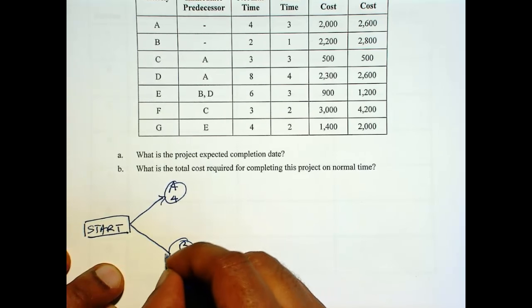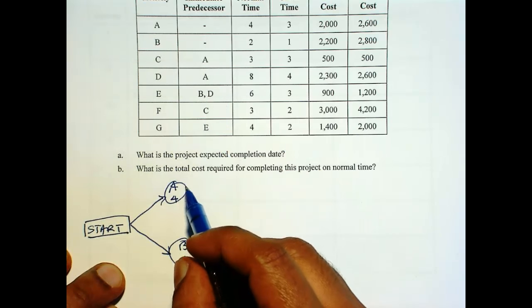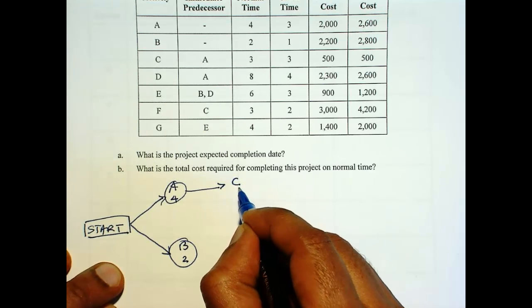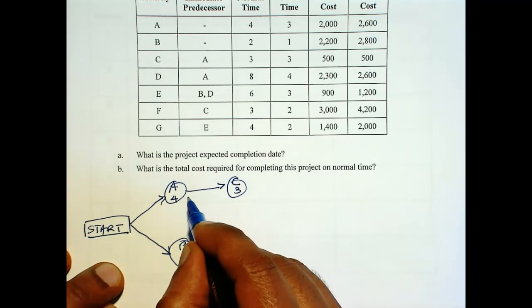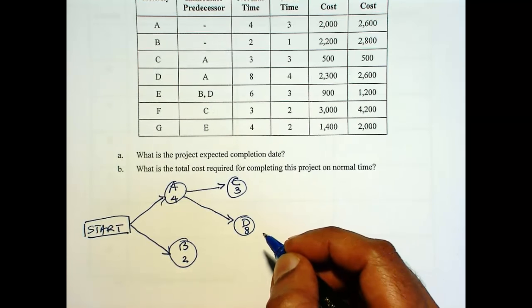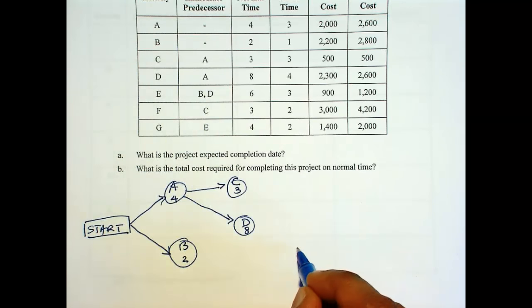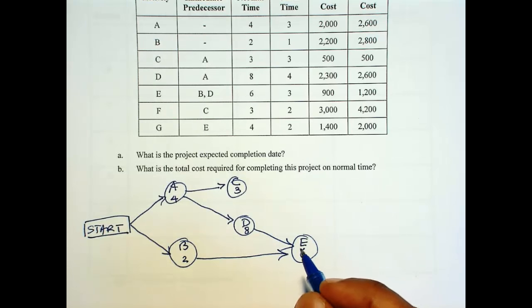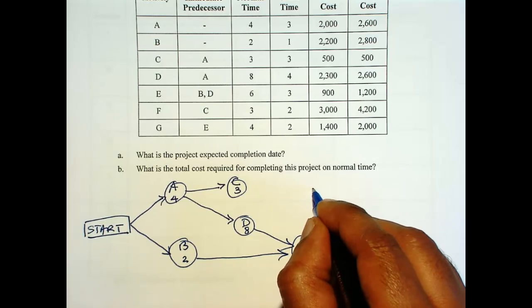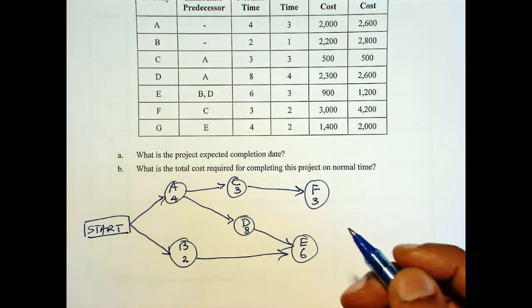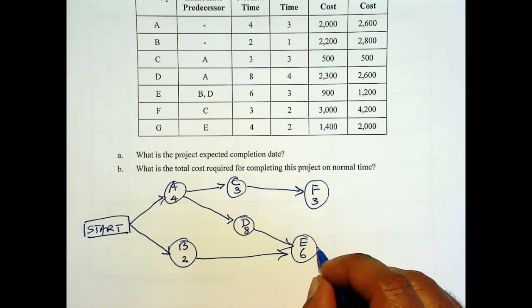And then after A comes C and D. And then E comes after B and D. F is after C. And G is after E. And that's the end.